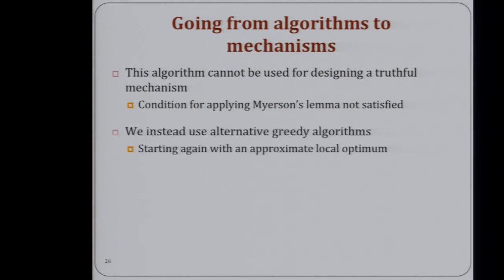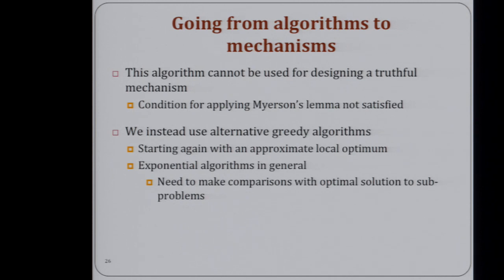Eventually we use alternative greedy algorithms. We still start with an approximate local optimum, so our mechanisms also start by producing an approximate local optimum. Then we run a different greedy algorithm on the two approximate local optima, on S and A delete S. The problem is that this in general leads to exponential algorithms.